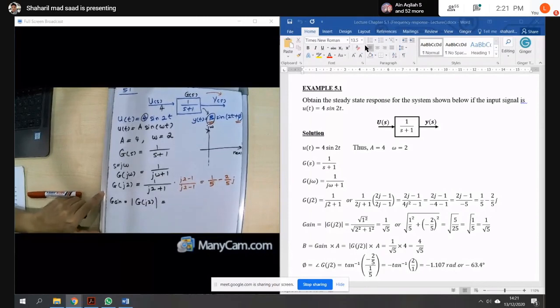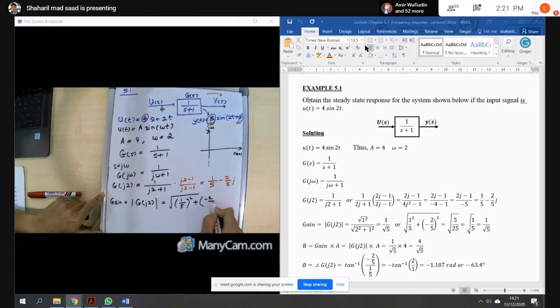The magnitude is the square root of (1 over 5) squared plus (minus 2 over 5) squared, which gives 1 over square root 5.